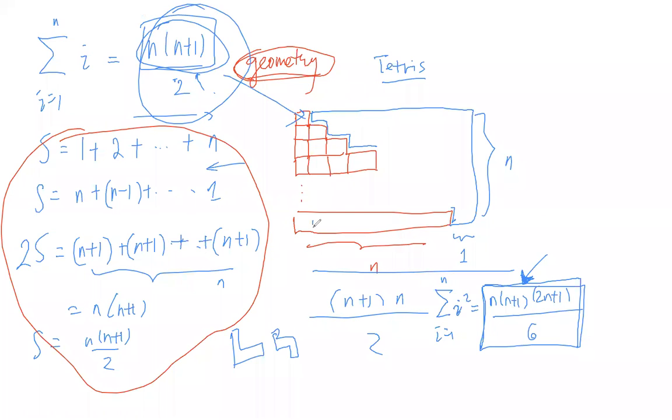Okay, and n plus 1 is this rectangle. Okay, you're taking half of it. So basically this corresponds to some kind of geometry. Okay, so I'm just sharing a bit of these side things with you.